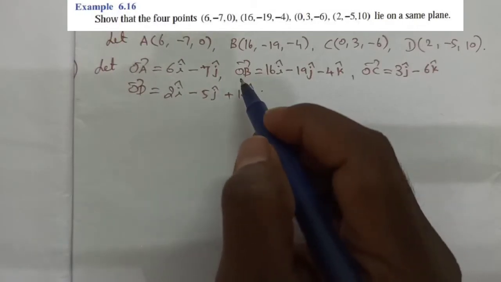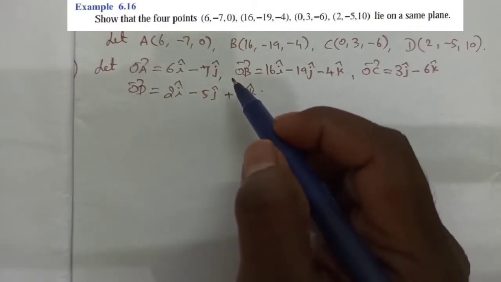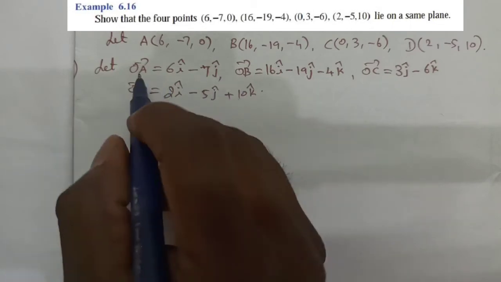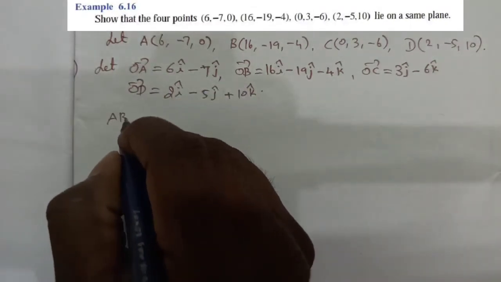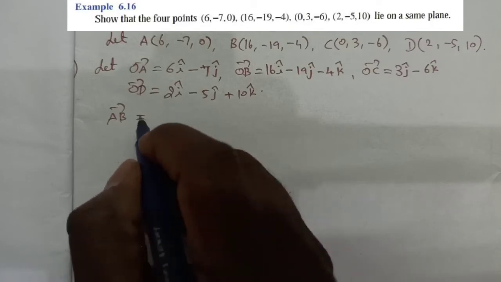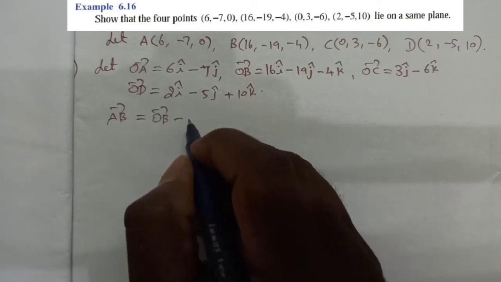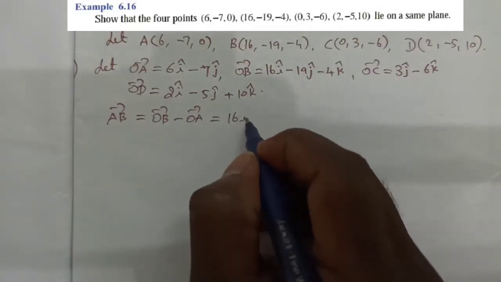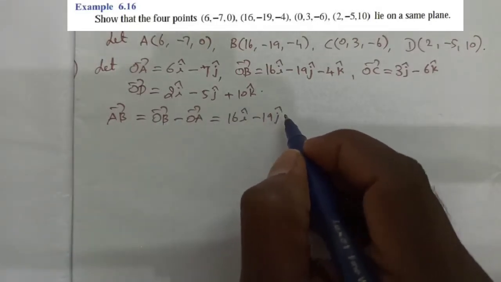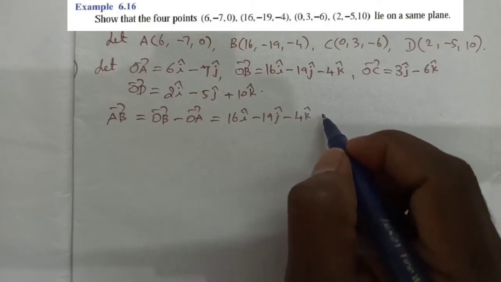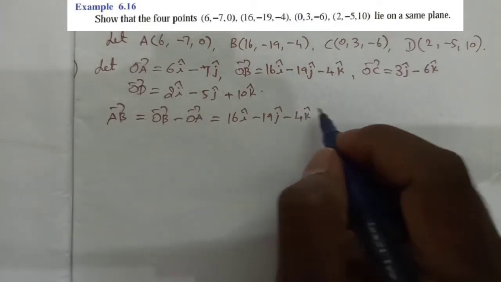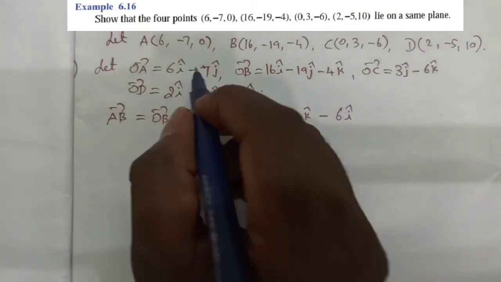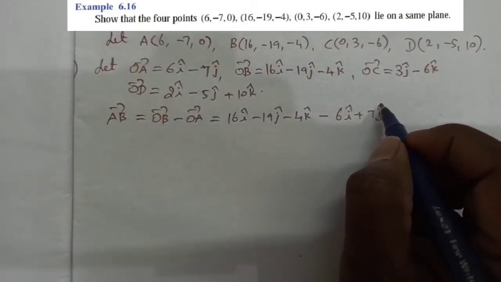Now I am going to form the line AB. AB vector equals OB vector minus OA vector. OB vector value is 16i cap minus 19j cap minus 4k cap, minus OA value, which is 6i cap minus 7j cap, so minus and minus gives plus 7j cap.